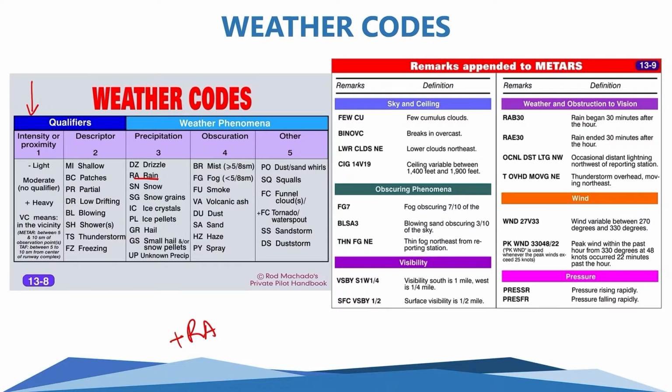The most common ones in terms of the weather codes that you will see, you'll not have to memorize all these, but I'll point out the most common ones: showers, SH; thunderstorm, TS; freezing, FZ; drizzle is DZ; rain is RA; snow is SN; hail is, for the Midwest folks out there, GR.